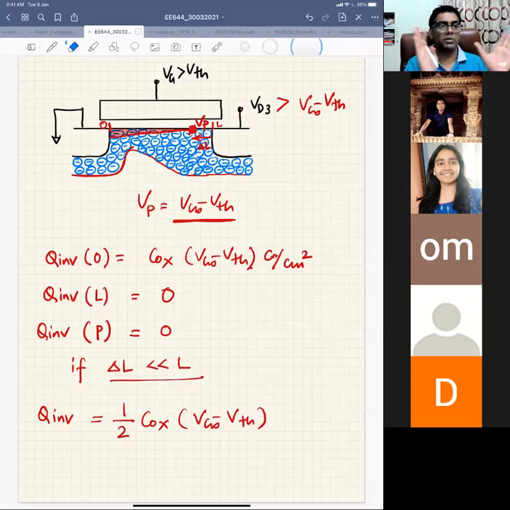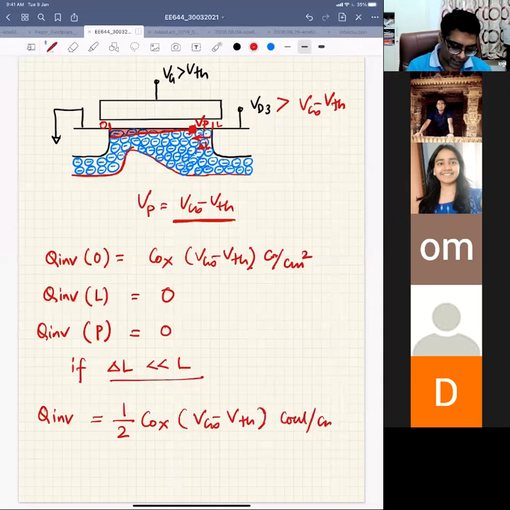And if I want to find the total inversion charge, I multiply by W times L, so this is in Coulomb, and this is the average. So if delta L is less than L, and VDS is more than VGS minus VTH, the average inversion charge is always half Cox VGS minus VTH, right?